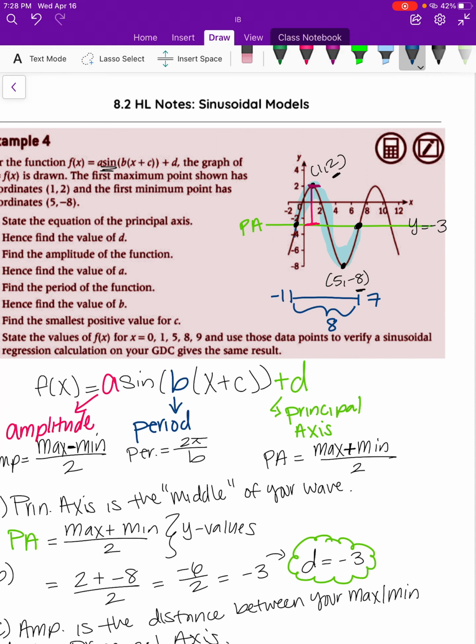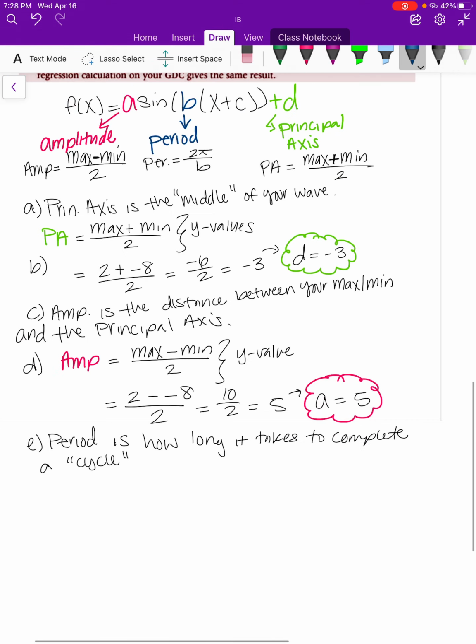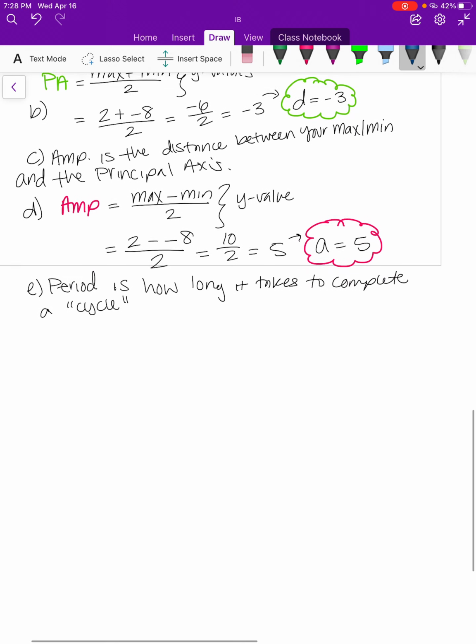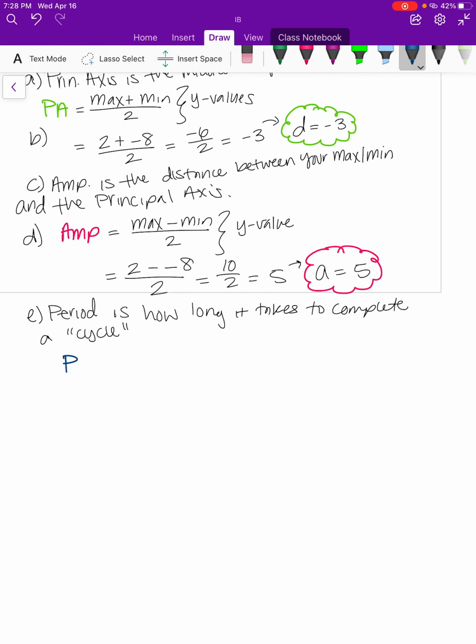So now that I have the period of my wave function, we can continue. Now, that's not quite my answer. Remember, there was a formula involved here: period is equal to 2 pi over b. We want to find the b value that we're going to plug into our equation.